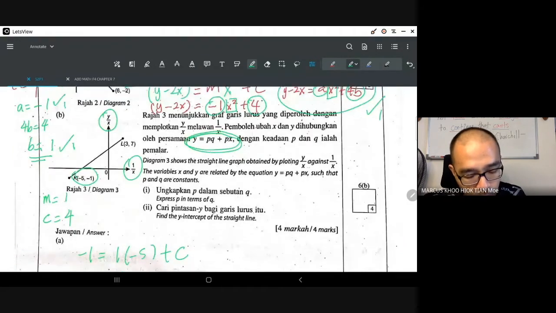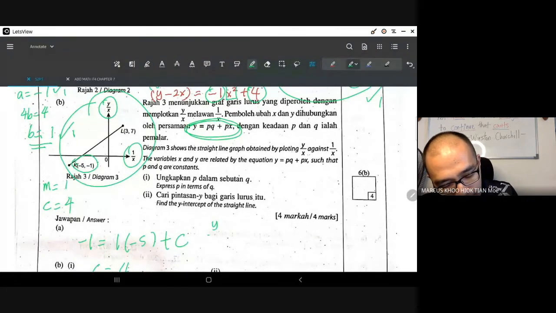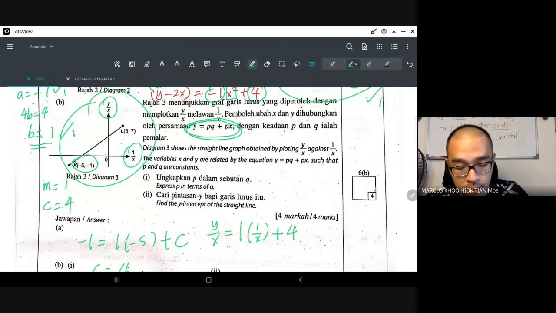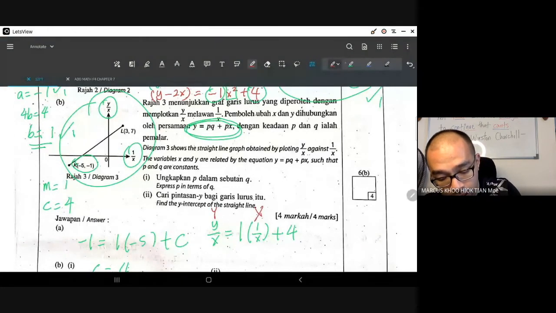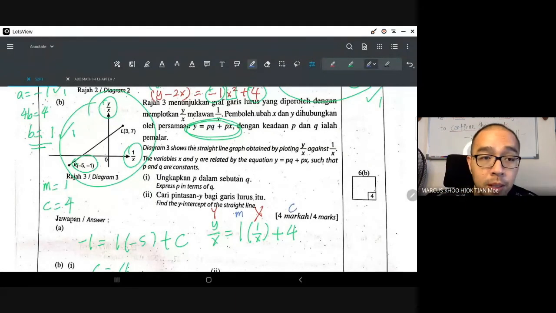So the equation of this graph is y over x equals to 1 over x plus 4. Okay, y, this is the x axis, this is my gradient, and this is my c.